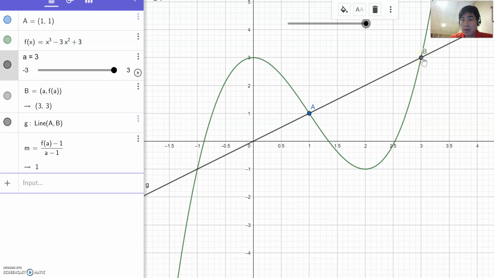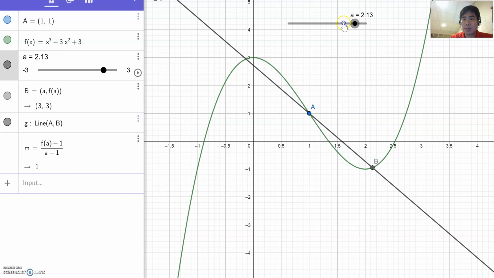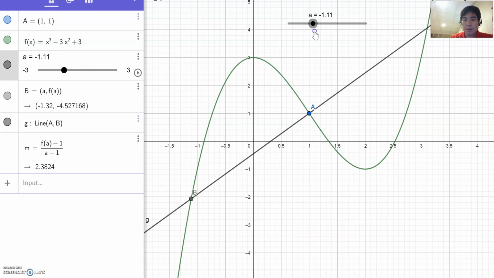It can be on the positive side, and I can move it so it can be on the negative side as well. Please remember that based on a fixed x value, the h value can be either positive or negative. It is possible h can be negative as well.